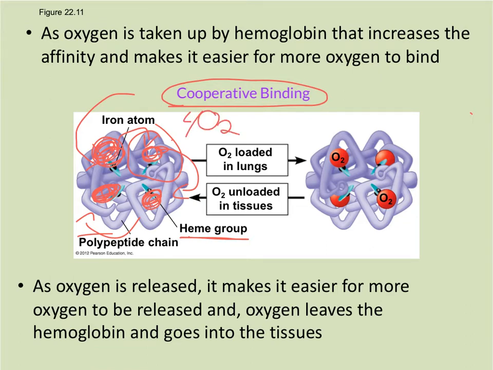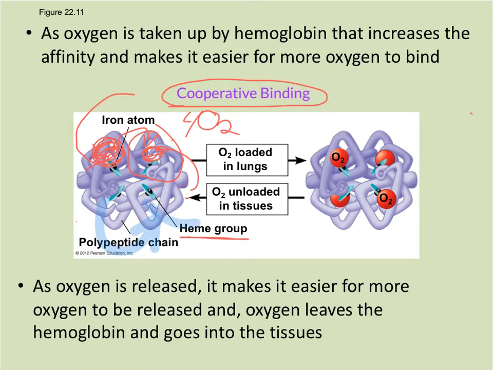All right, so we get to a cell and we need to unload our oxygen. The same thing is going to happen for when we get rid of our oxygen. This oxygen molecule will get dropped off. It will then cause a structural change in this one to let go of its oxygen molecule. You guys can already see where I'm going with this, right?